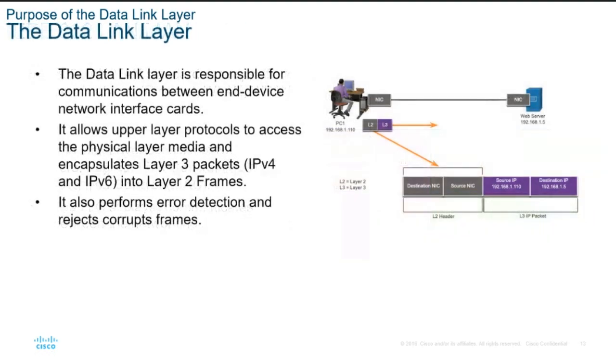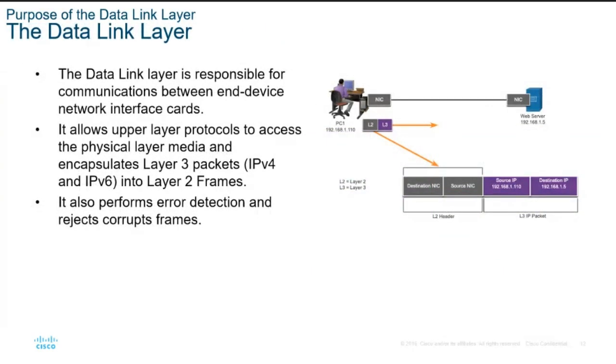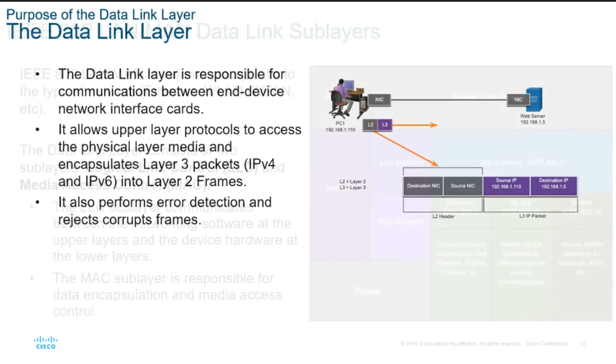And then add yung layer 3, the packet naman, so sa source IP and destination IP. So yung L2 at L3, layer 2 and layer 3. And also the data link layer, isa sa mga functions ito, so it performs error detection and rejects corrupt frames.